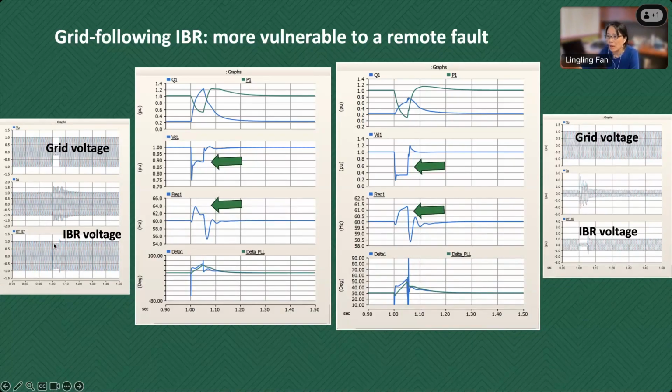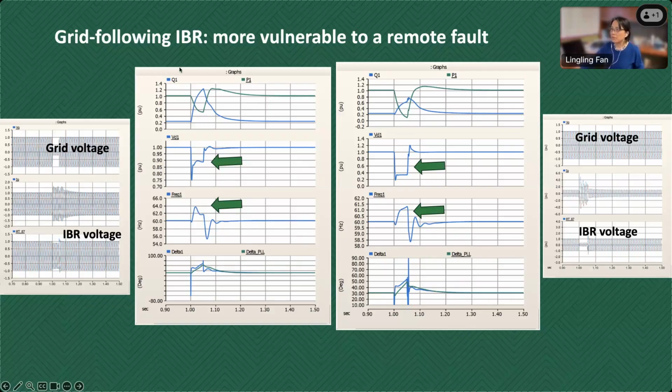On the other hand, if we look at the angle and frequency, the synchronizing angle, the PLL's frequency, what happens in the two cases? Look at that. The first one says if the fault is remote, we have the frequency jump to 64 hertz. On the other hand, if the fault is close, the frequency jumps to 61.5 hertz. And of course, the angle is like, the remote fault is worse.